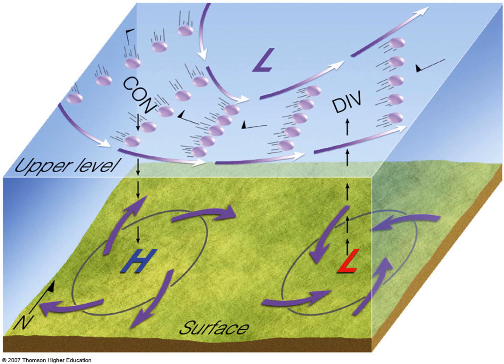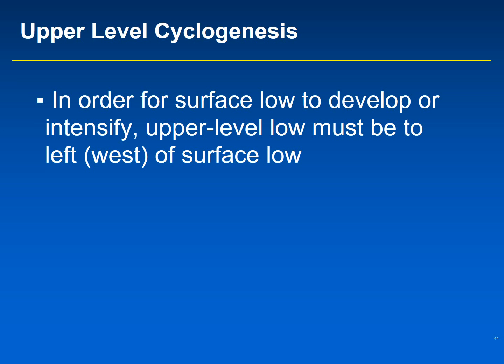So, to sum up the upper level conditions that need to be present for a surface low to develop or intensify: the upper level trough or low has to be to the west or left of the surface low. If that's the case, there will be divergence aloft, divergence above the surface low, and it can intensify. That's it for lecture 10.